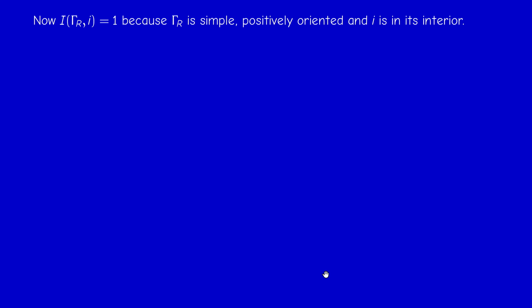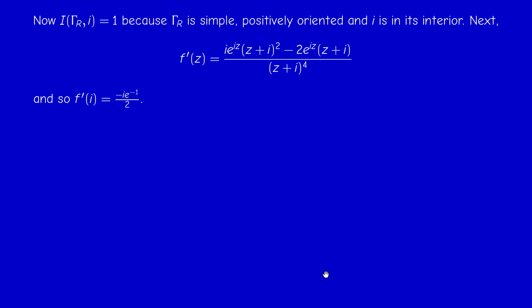So we just have to compute the derivative. If I didn't make any mistake, the result should be minus i e^(-1) over 2. Just check that. And therefore, the integral happens to be, in this case as well, pi over e.